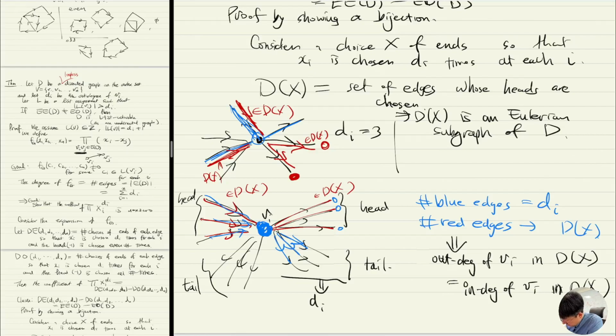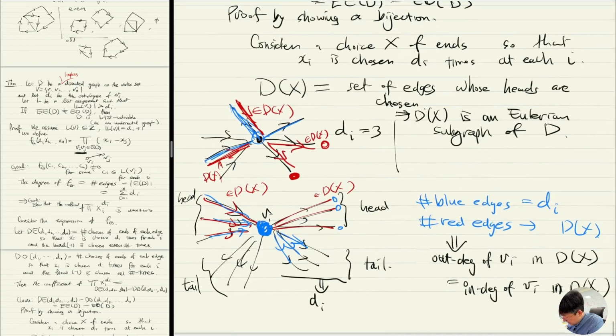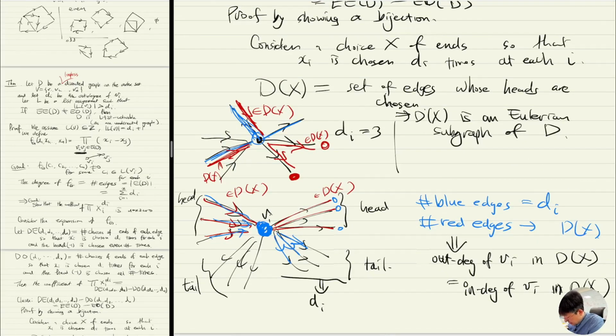Right, so the number of edges here plus the number of edges there is di, the number of edges here plus the number of edges there is di, so therefore these two numbers are equal. All right, so therefore D maps X to an Eulerian subgraph.